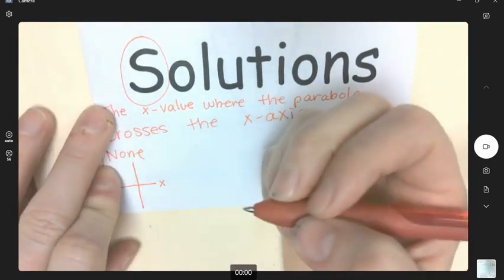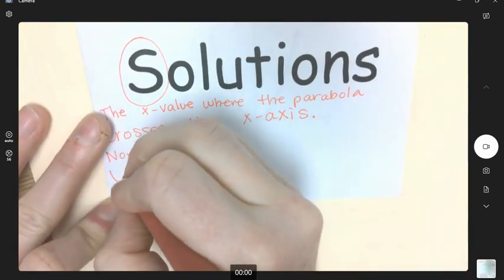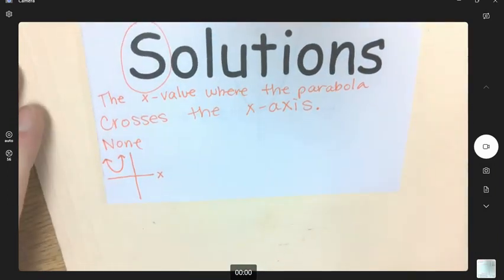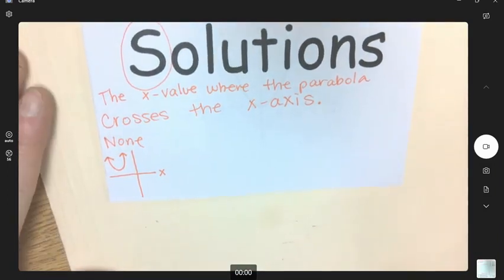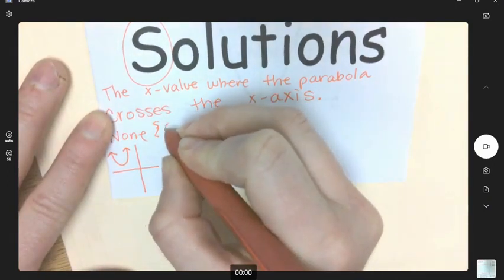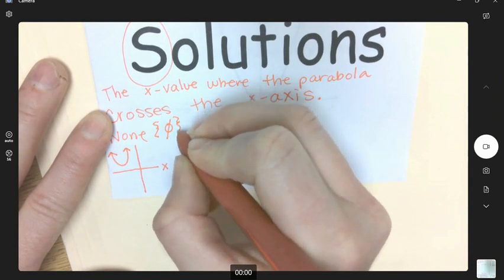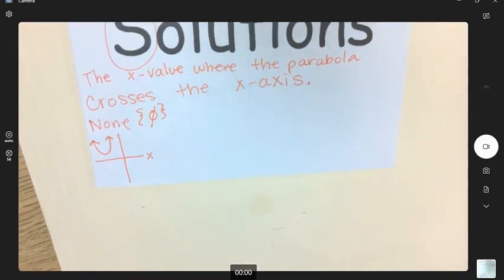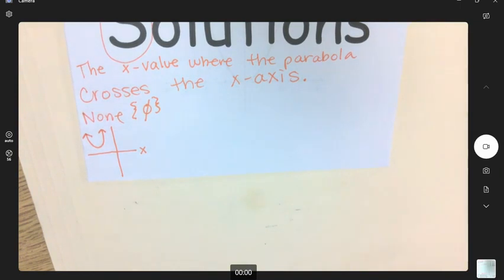That would be whenever your parabola is just kind of hanging out, either above or below the x-axis, but never actually crosses it. So we could write this as these little squiggly braces with a 0 and a slash. That means no solution, or it never even touches. So no solution, it never crosses.